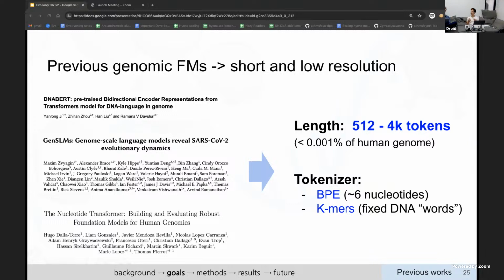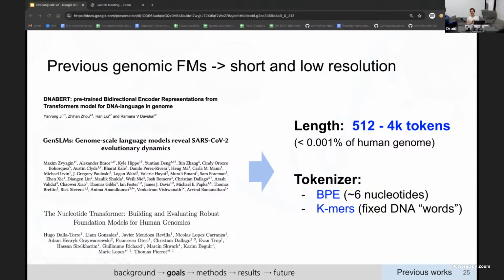The first is context length, which many folks are probably more familiar with these days, as a lot of companies and models are coming out for longer contexts. In DNA modeling, they typically model at just 512 to 4,000 tokens. For a sense of scale, the human genome is 3 billion nucleotides, so there's a huge gap in how much context length you potentially could want to use.